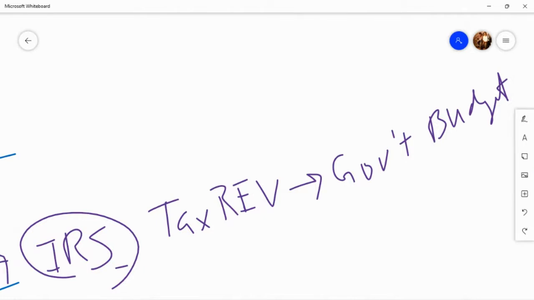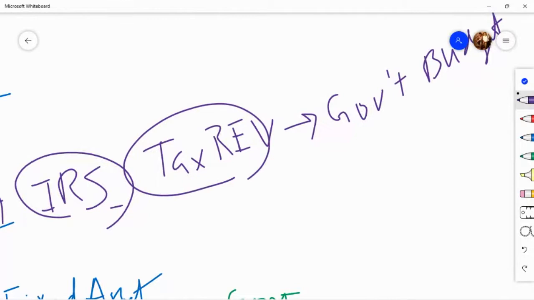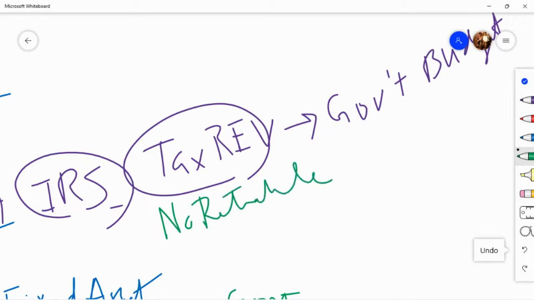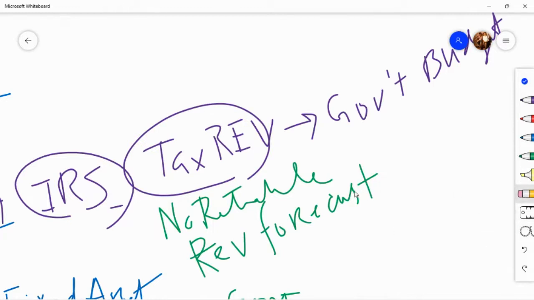Isn't that right? And if you can't make a reliable, dependable forecast of government tax revenue, then there will be no reliable budgeting for government spending, right? Does that make sense?